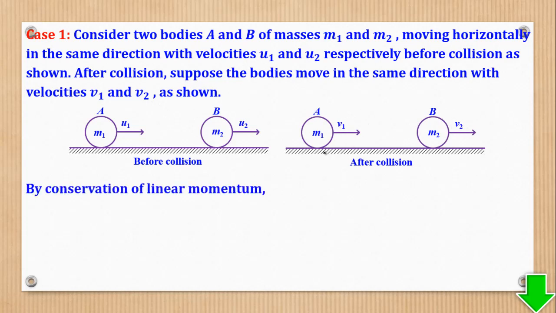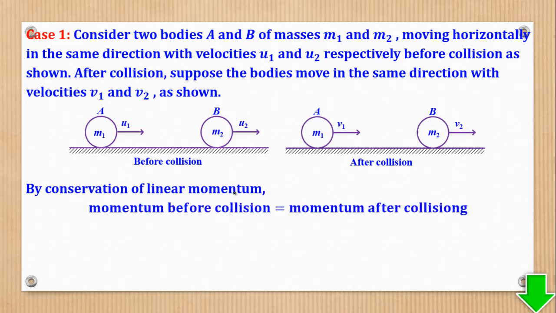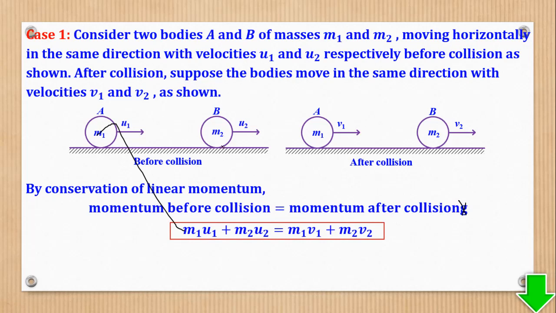By conservation of linear momentum, momentum before collision is equal to momentum after collision. Therefore, m1 u1 plus m2 u2 is equal to m1 v1 plus m2 v2. That is the principle of conservation of linear momentum.